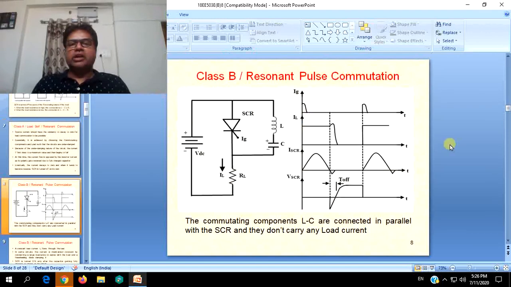But in case of class B, L and C are connected in parallel with the SCR, and when the SCR is turned on, the load current flows via the source, SCR and RL, and there will be another path for current where it flows from the source, inductor, capacitor and load.